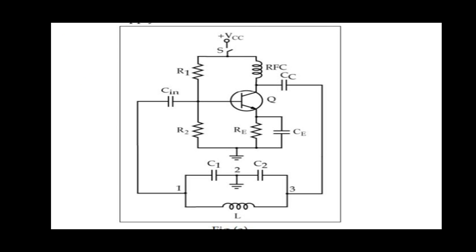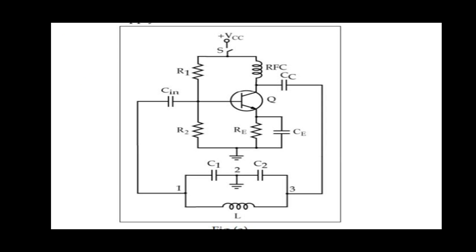C1 is connected to the base, so this is the input circuit to the amplifier, and C2 is connected to the output of the amplifier, so this is the output circuit. The voltage across C2 is V out, and the voltage across C1 is Vf, the feedback voltage.